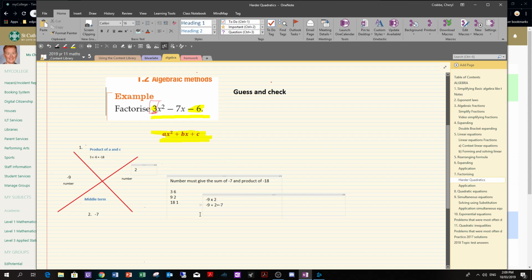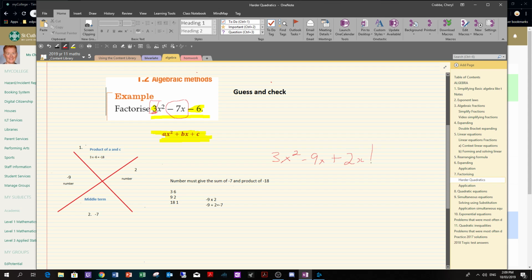Now the next phase is to use those numbers to rewrite the expression. We don't do anything to the first term, the 3x squared. We break the middle term, -7x, into these two numbers: -9x plus 2x.